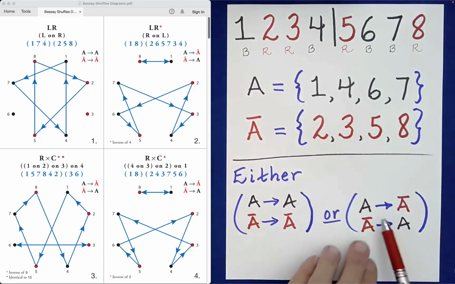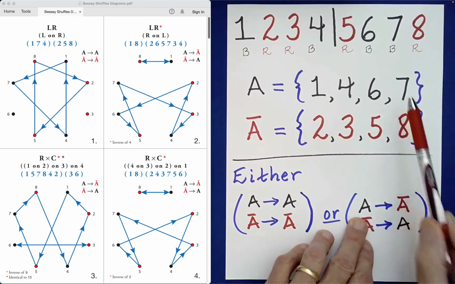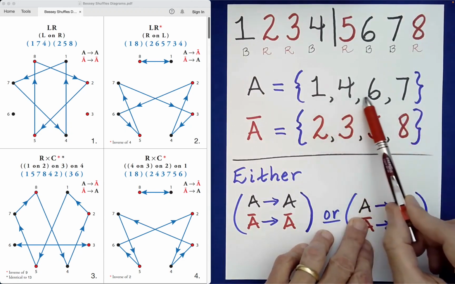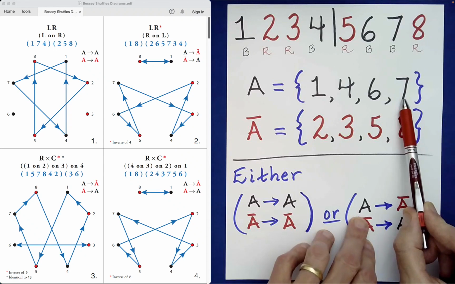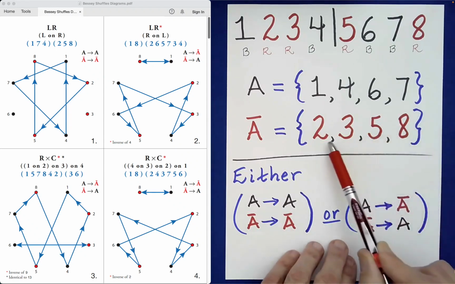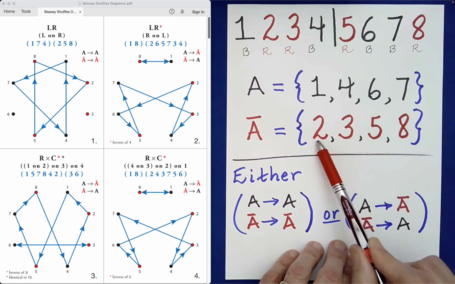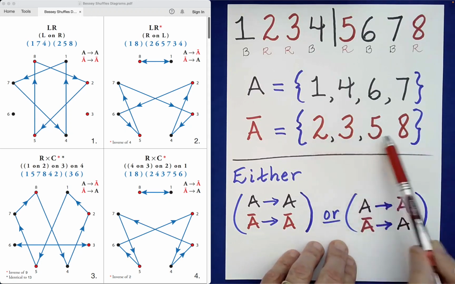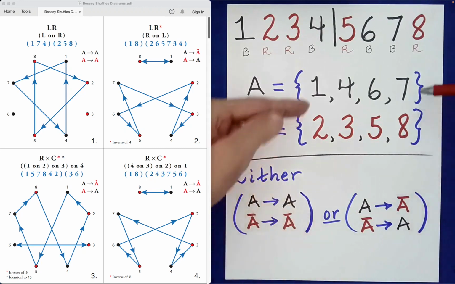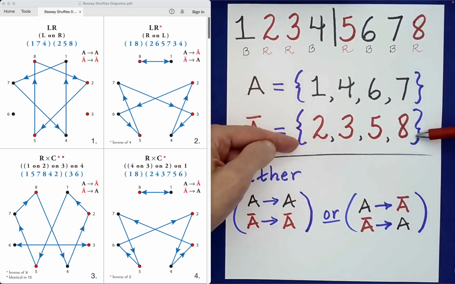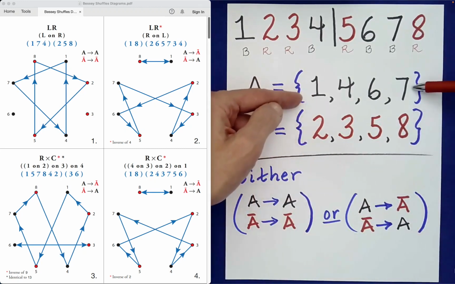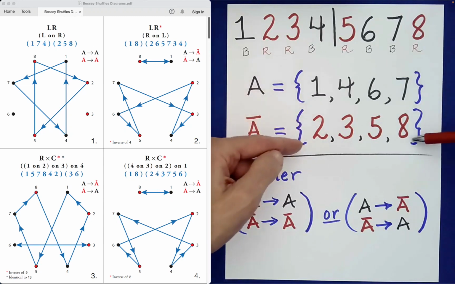Now that's in contrast to the following, where we have the objects in these position values. After the shuffle, they get moved to the positions that are found in a complement, namely 2, 3, 5, 8. So in other words, there's a wholesale exchange of the 1, 4, 6, 7 with some assignment of 2, 3, 5, 8.